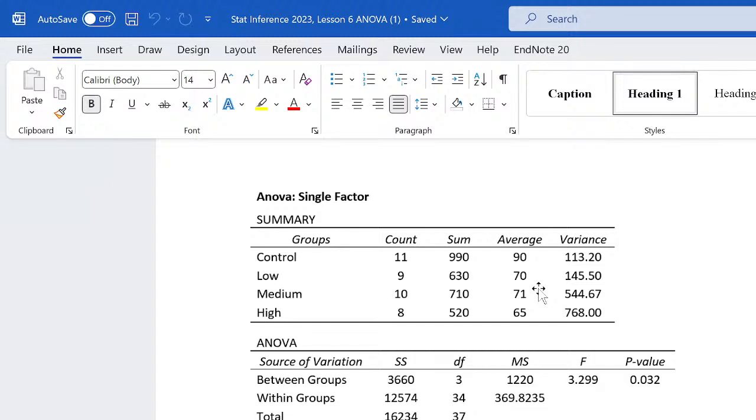We generally denote k as the number of groups. So that 34 is the n minus k. The 37 is your traditional n minus 1, and the 3 is your k minus 1. So that's your degrees of freedom.